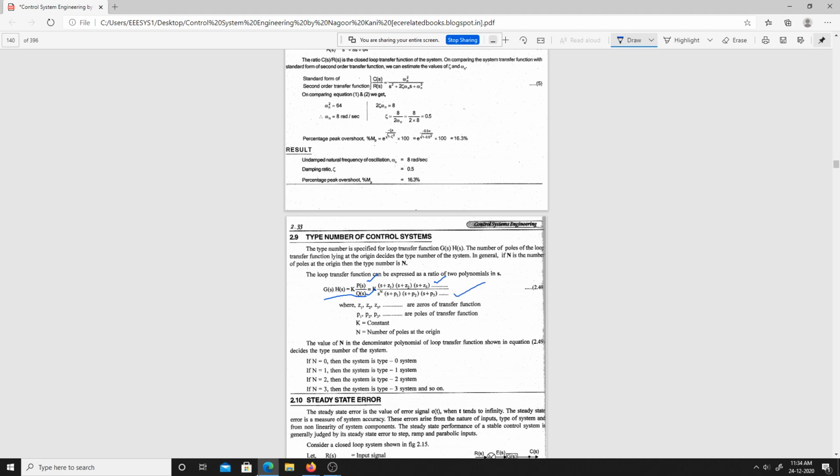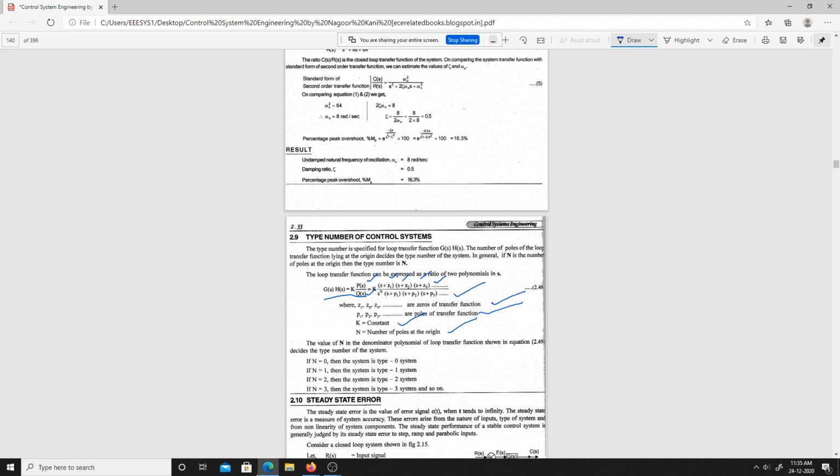Here z1, z2, z3 are nothing but zeros of the transfer function, whereas p1, p2, p3 are nothing but poles of the transfer function. In this equation K is a constant, and n is the number of poles at the origin.